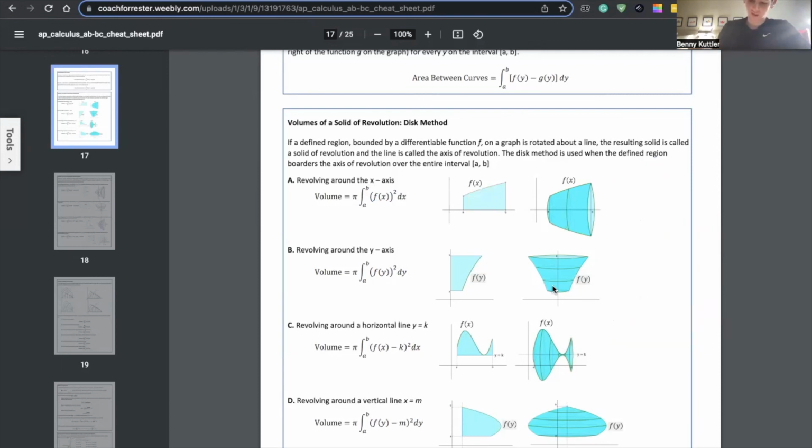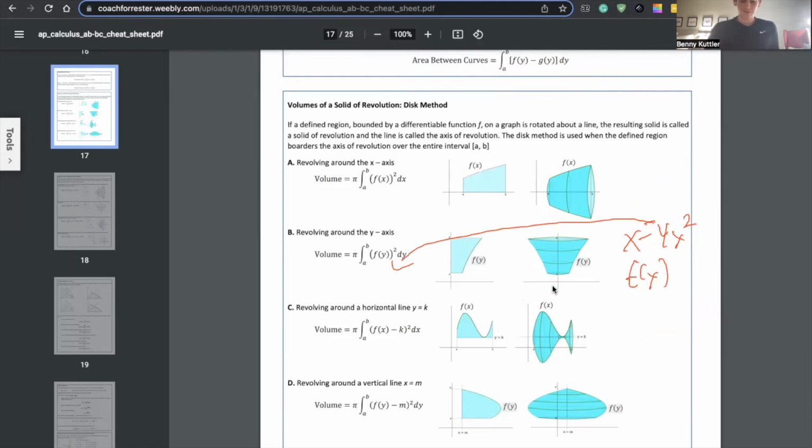So let's say our function was x equals 4y squared. That's a function of y, not of x, because normally we have y equals something with x in it, but now we have x equals something with y in it. So we plug this into that same integral, but as a function of y, and integrate it with respect to dy, and it's the same formula, pi r squared.